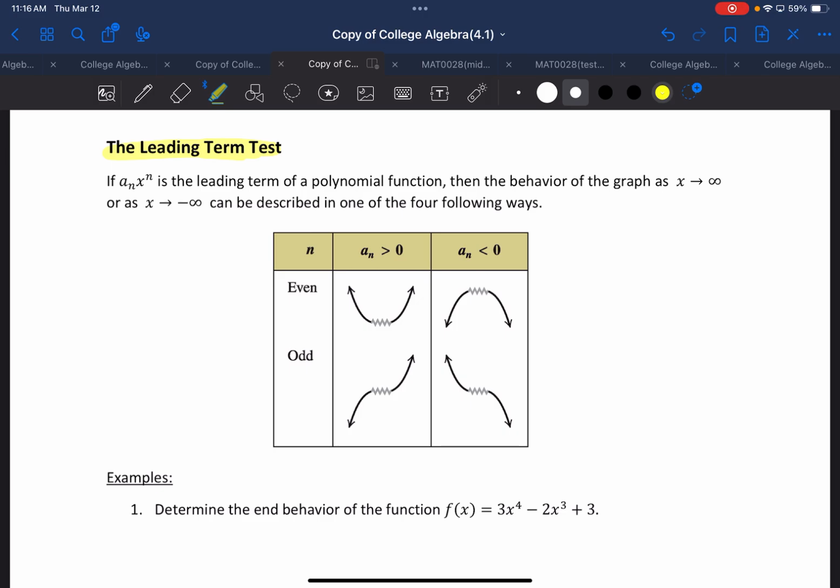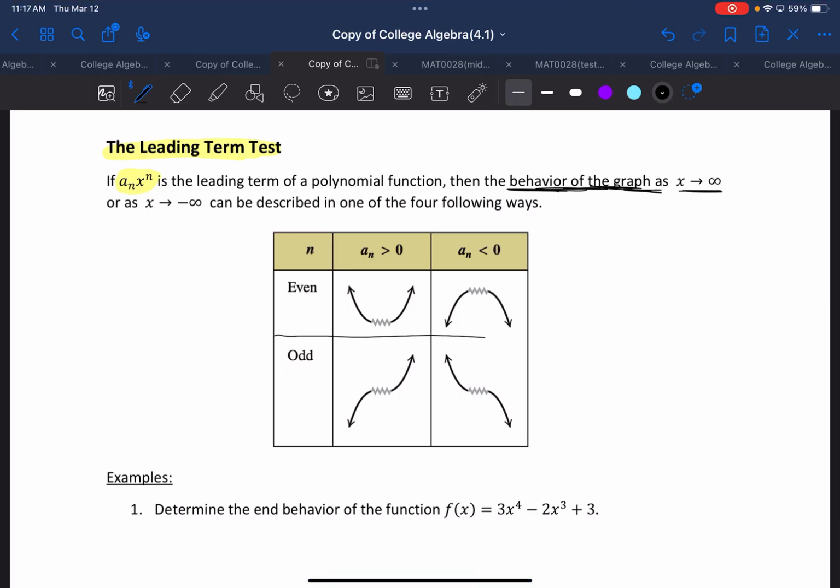Okay, so this says if a sub n times x to the n, this is just the leading term as it was defined on the previous page, is the leading term of the polynomial function, then the behavior of the graph as x approaches positive infinity, so what's happening to our graph as we get closer to positive infinity, in the right direction, or as x approaches negative infinity, the left direction of our graph, can be described in one of the four following ways.